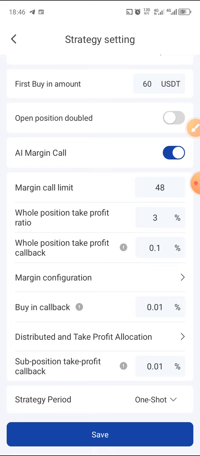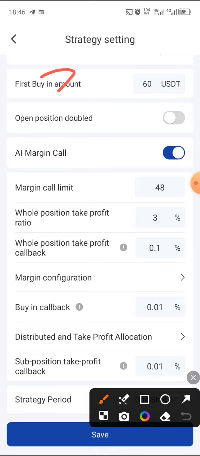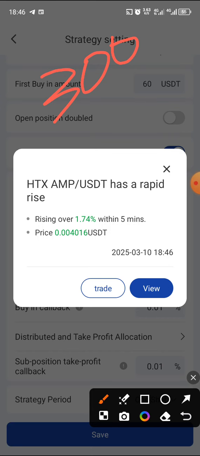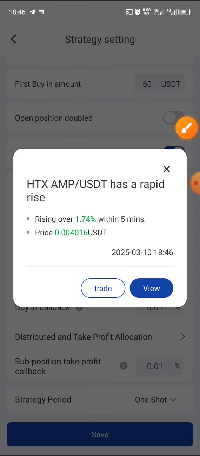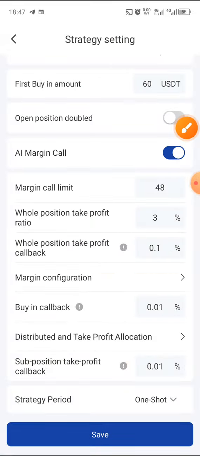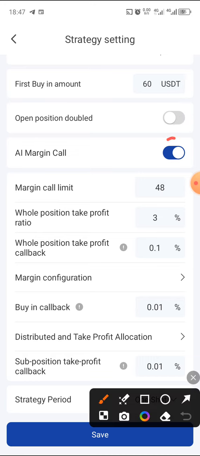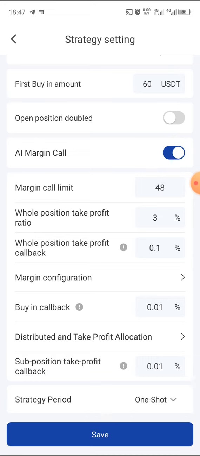Okay, so a person with this amount of dollars, like the 300 we are talking about, can switch off the AI margin call. So we turn it off.